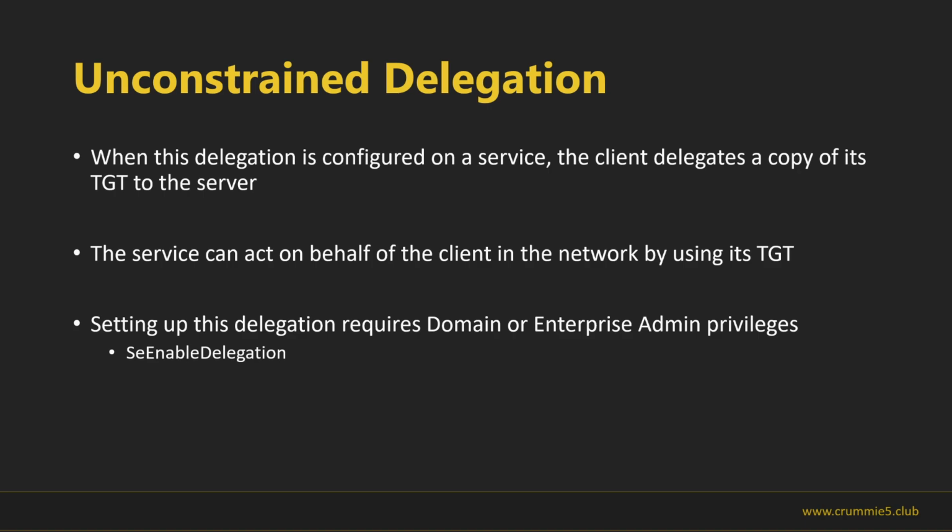In order to set up this delegation, you will require either domain or enterprise admin privileges, because the privilege that you will actually require is SeEnableDelegation, which is often only a domain or enterprise admin privilege.